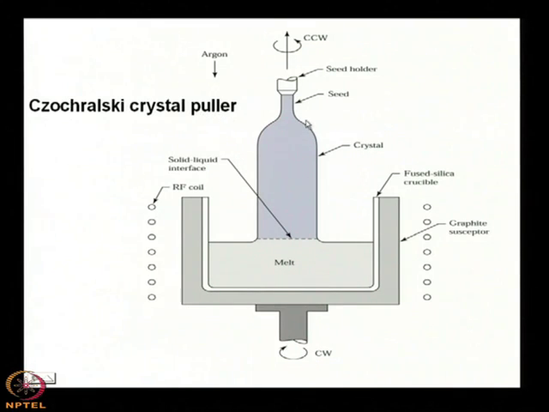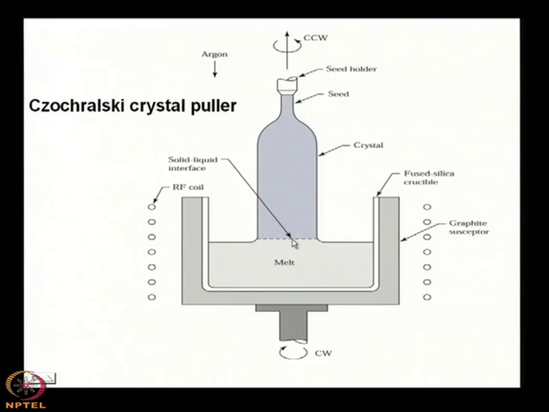And at the same time, what will happen? The quantity of the melt will be reduced, because it is being solidified to obtain the crystal. So, basically this Czochralski crystal puller, that is why the name puller is there. You are pulling the crystal. First, see this neck, the neck is the seed, and there is a seed holder which holds the seed, and it is gradually pulled. First, where is the seed? The seed was at the surface of the melt.